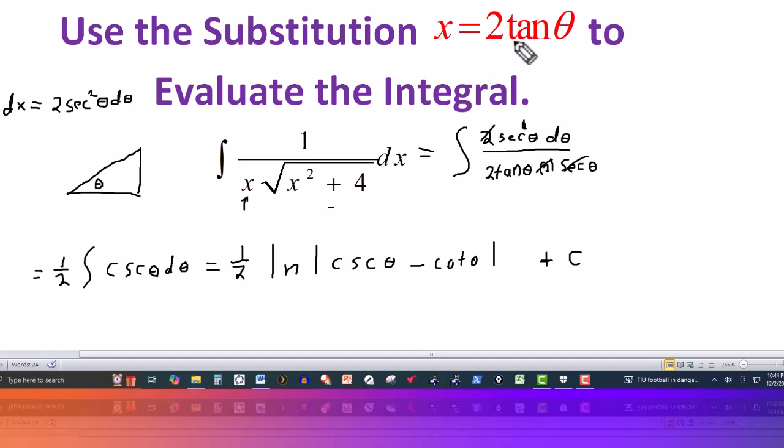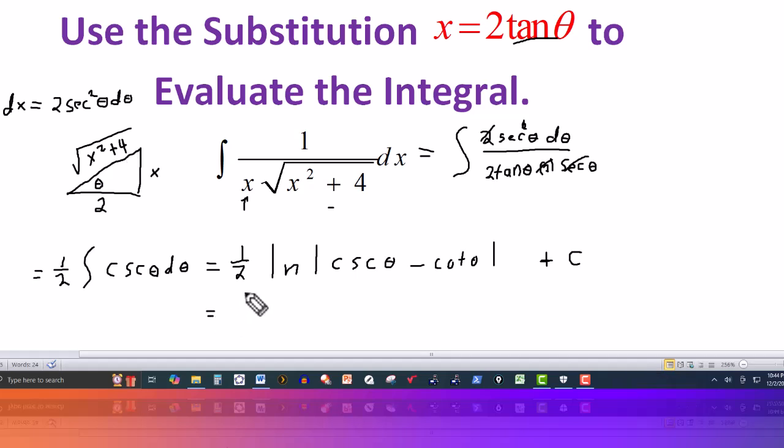I divide through by 2, so tangent of theta is x over 2. In a right triangle, tangent is opposite over adjacent, so this will be 2 right here. And then complete the triangle here. The hypotenuse then would be the square root of x squared plus 4.